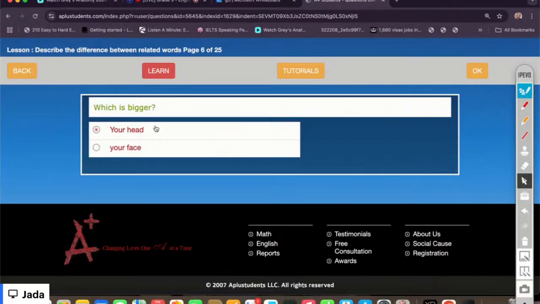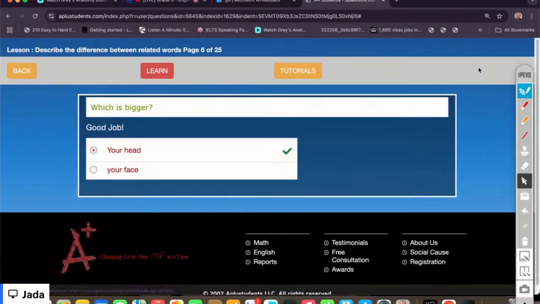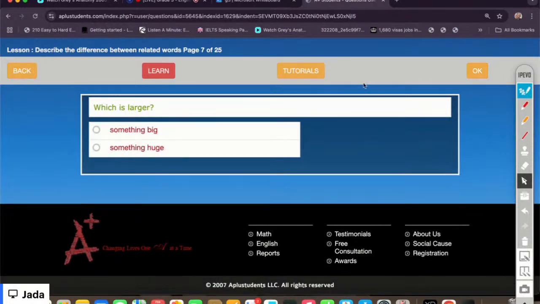So the head is bigger. Okay. Which is larger? Something big, something huge.